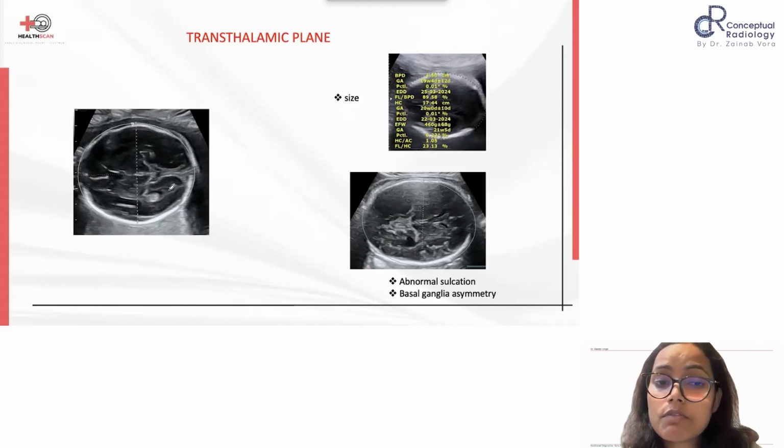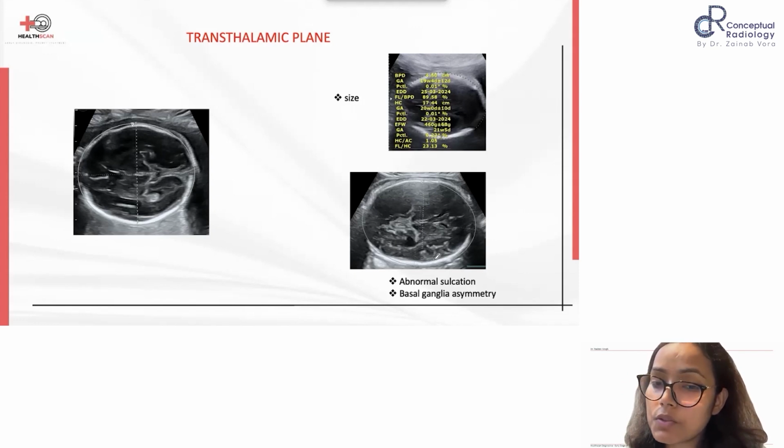What information does this plane give us? This gives us the fetal head size. If there is any microcephalic case, the head circumference will be very small. It will not be appropriate to the gestational age. Apart from that, what we should see in this patient is the sulci. This is the Sylvian fissure.